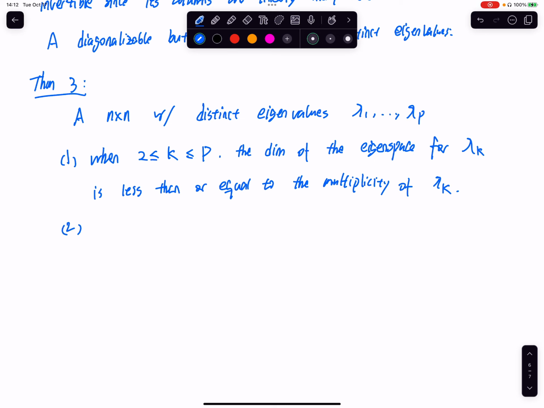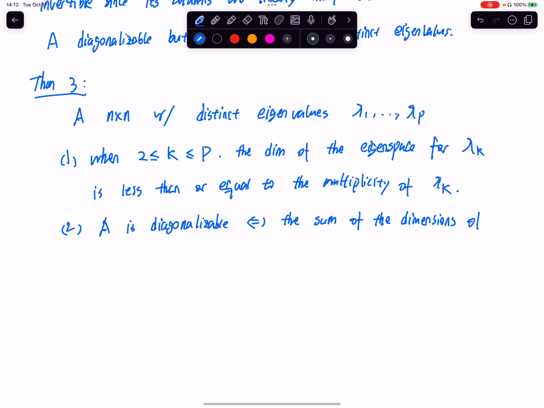And the second is that the matrix A is diagonalizable if and only if the sum of the dimensions of the eigenspaces equals n.